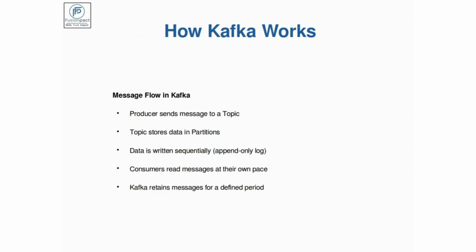So it will store the messages sequentially. Consumers read those messages at their own pace. Whenever the microservice is free, it will consume the message and process that request. And we can also set policies for what period of time those messages will be stored in the Kafka server.